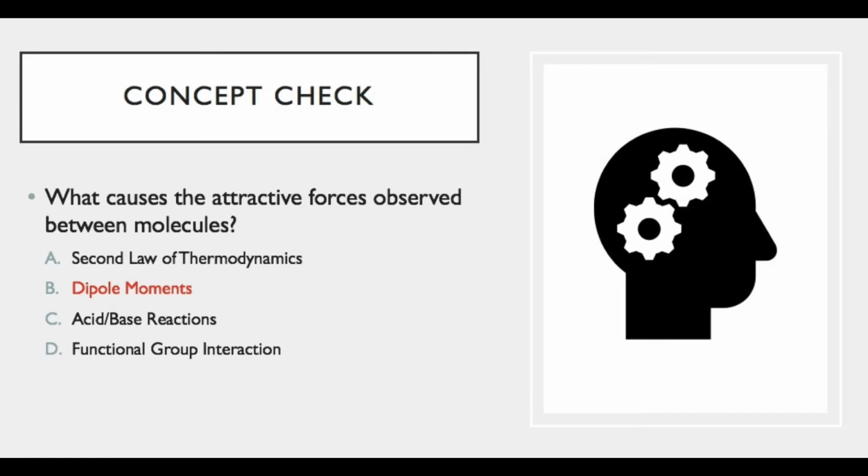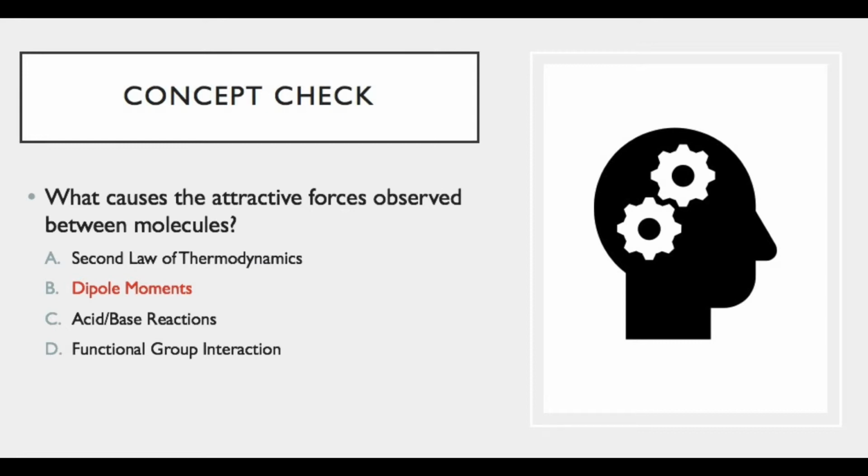So, guys, if you remember from Gen Chem, attractive forces are formed due to differences in electronegativity between atoms, right? And those differences in electronegativity cause there to be dipole moments, meaning one side of the molecule or the atom has a certain charge, and the opposite side of the molecule or atom has the complete opposite charge, right?